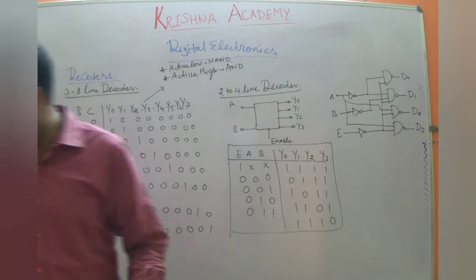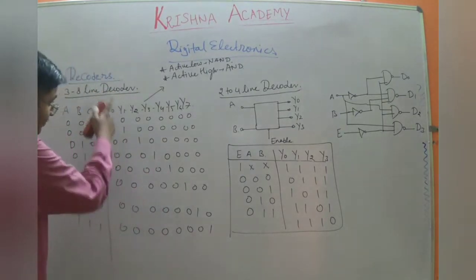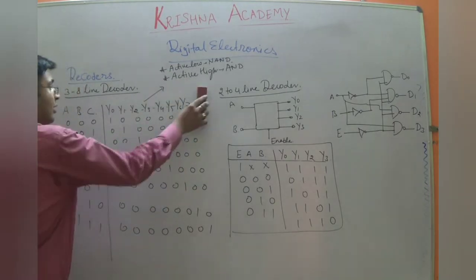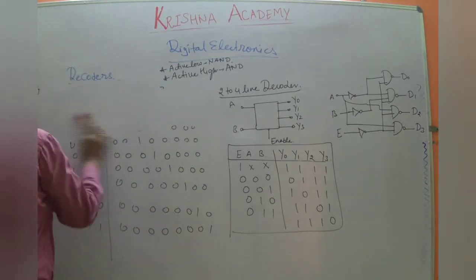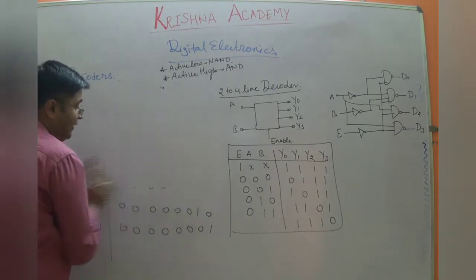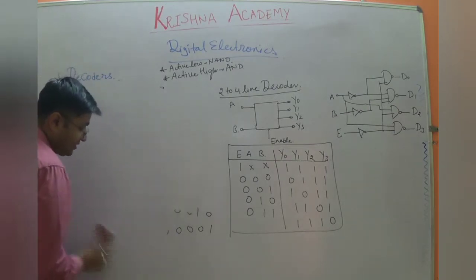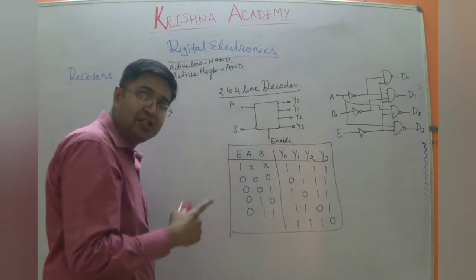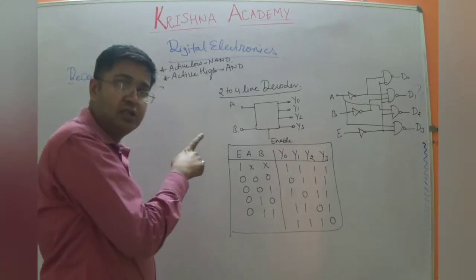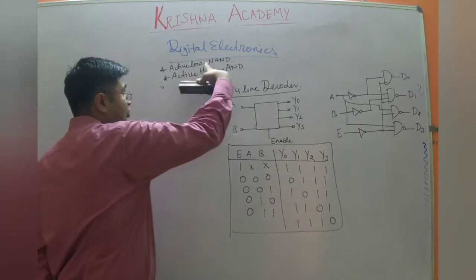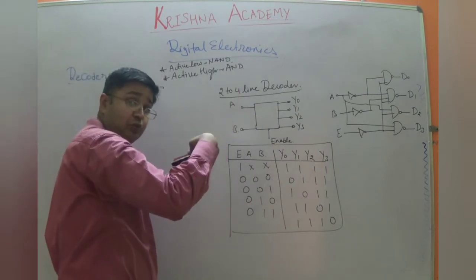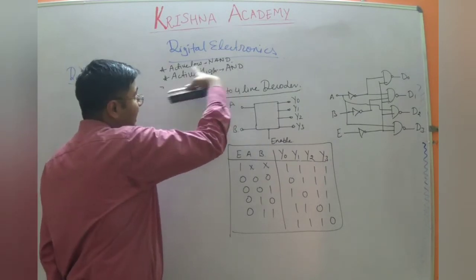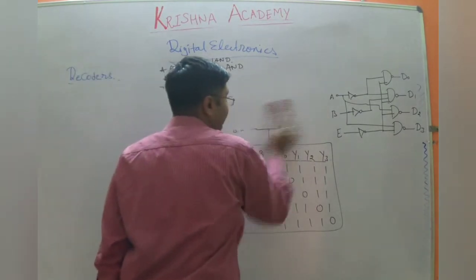First of all, the most important part is the number of combinations available, and active low and active high are practical terms which are used quite frequently in examinations. Whenever they ask you about an active low circuit, you need to draw that decoder circuit using NAND gates, and in that circuit the first output will be 0 if you are using active low, and the others are 1.